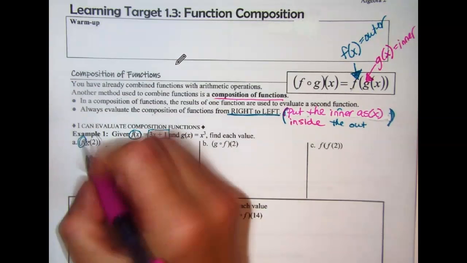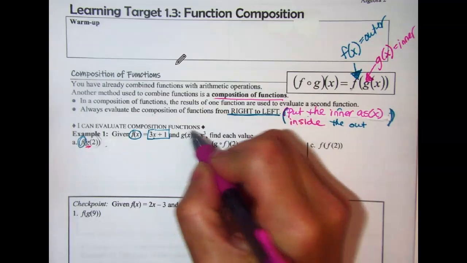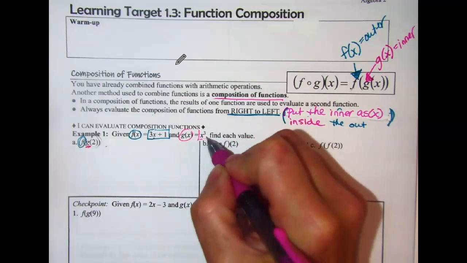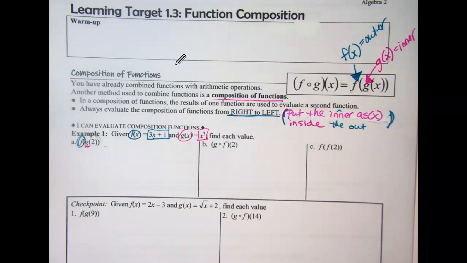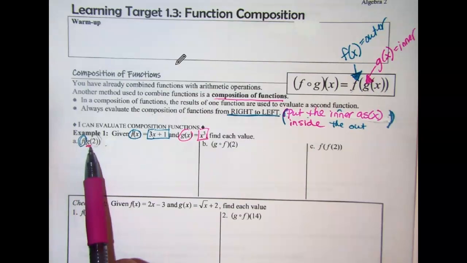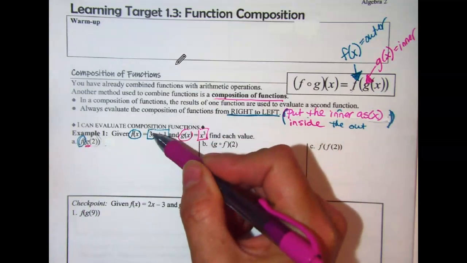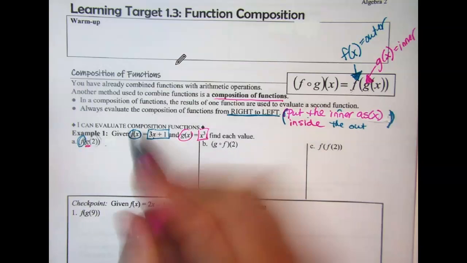And then we have g, that's the inner function. Okay, so g is over here. This is our inner function, very small. So what we have to do is take our inner function, the g, and pop that into the x for our f function.